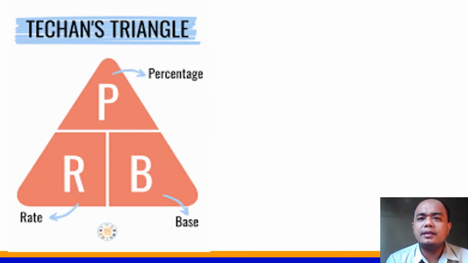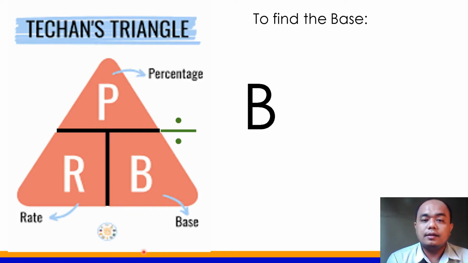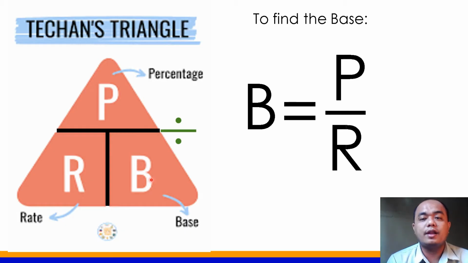Para mas madali mong maintindihan class at maalala kung paano i-solve ang base, you can use again the Tichan triangle. This line is represented by division and this line is represented by multiplication. Since our concern here is to solve for the base, then the base will be solved using this formula.